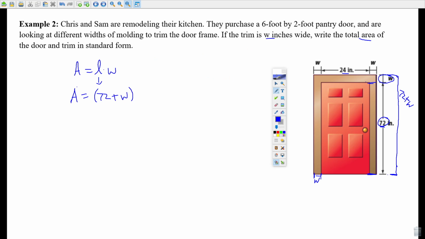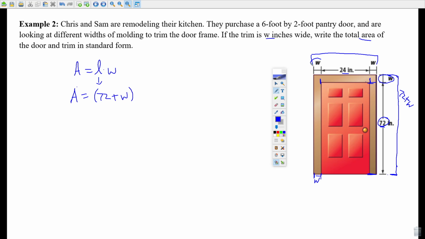And then we're going to go over and we're going to actually look at the width. The entire length of the width here. So I go from up here all the way down to here. We're including the door, which is 24 inches, the red part from here to here. But now we're also going to add on the trim, the molding. But this time it goes on both sides and not just the one side like it did on the length.